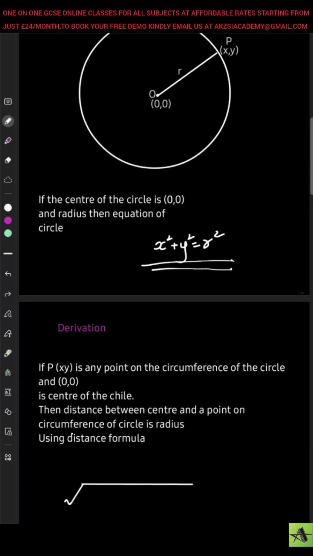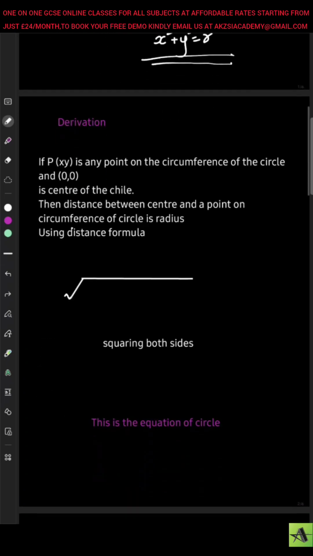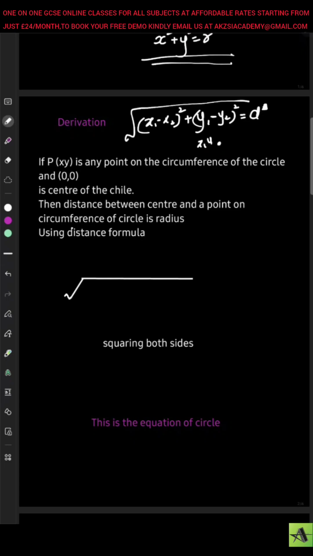When we apply the distance formula, the formula is d equals root of x1 minus x2 whole squared plus y1 minus y2 whole squared, where d is the distance between the 2 points, and the 2 points are x1 y1 and x2 y2.